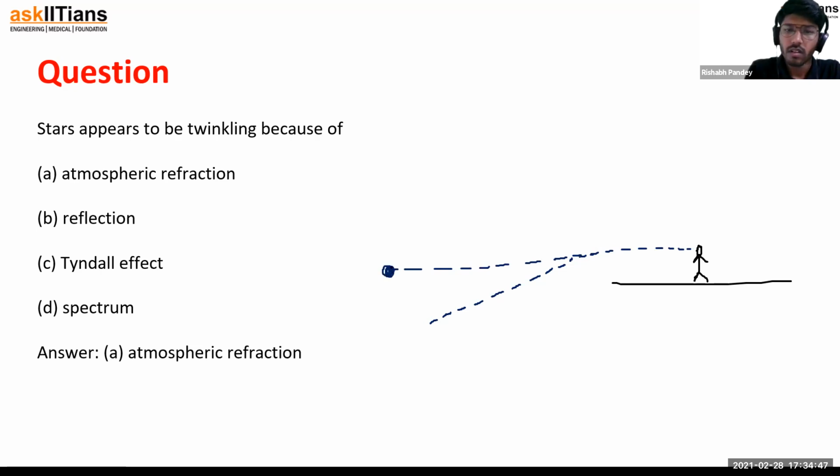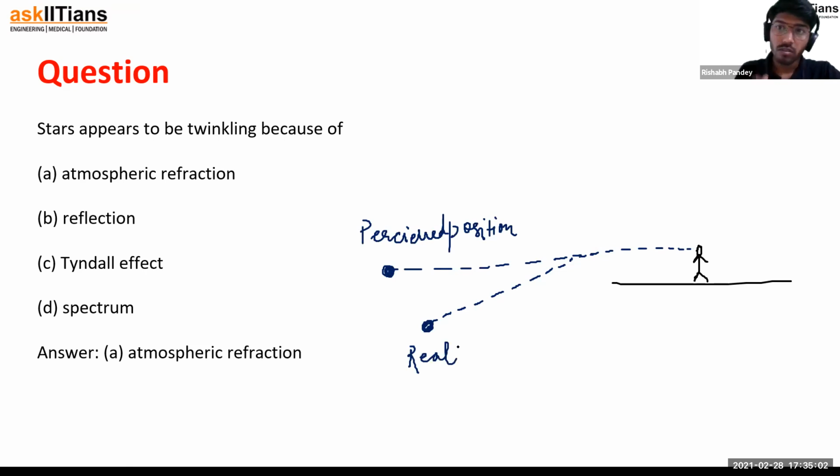This is the perceived position of the star, and this is its real position. True. Now just try to think about when it is over here, is it going straight?